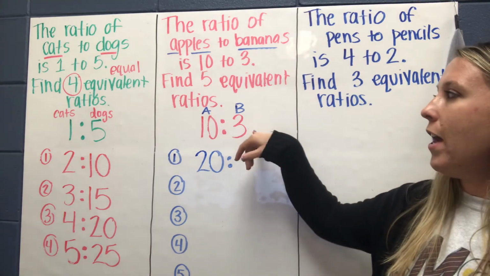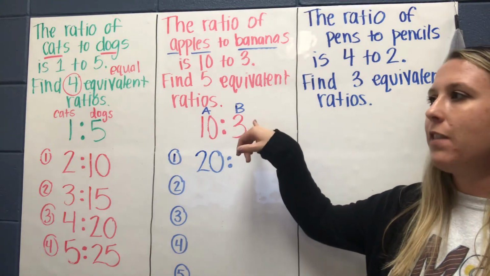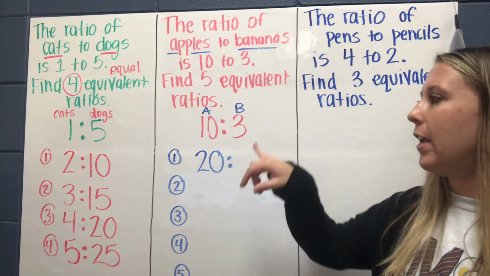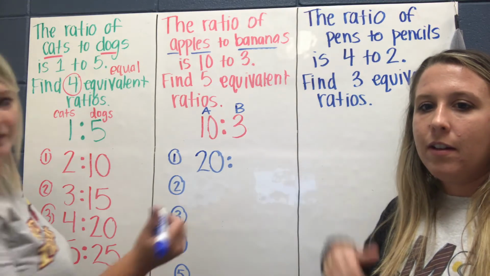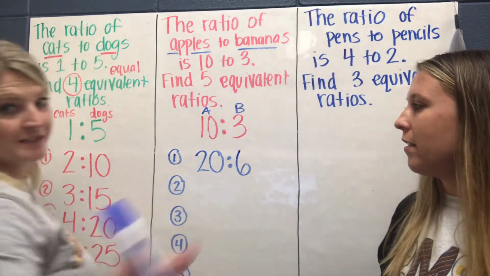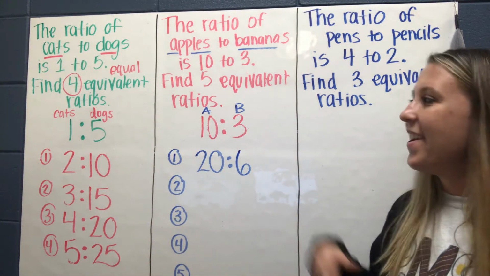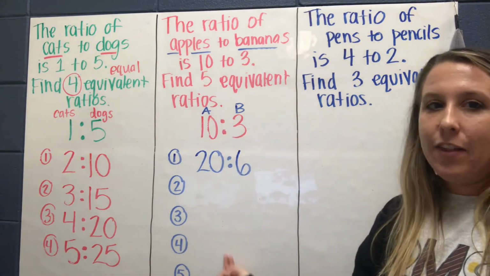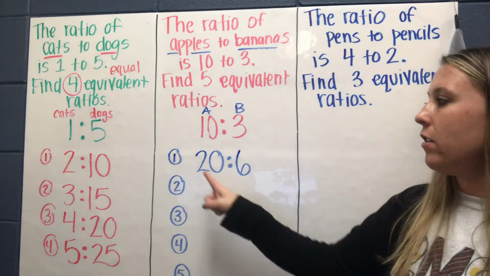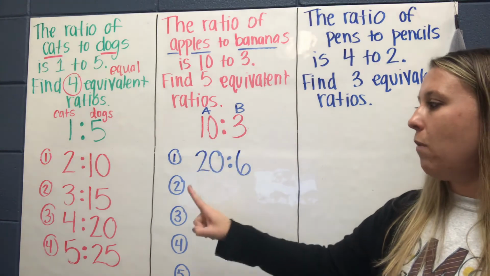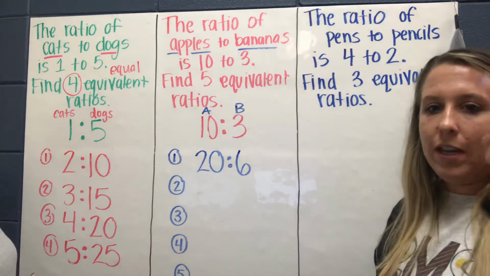All right, we could go ahead and do the bananas. What would come next? If I count by 3, then it'd be 3. Good. They did the next 10. We're just going to do them together. Good, 6. All right, so then if I have 10, 20, what would come next?